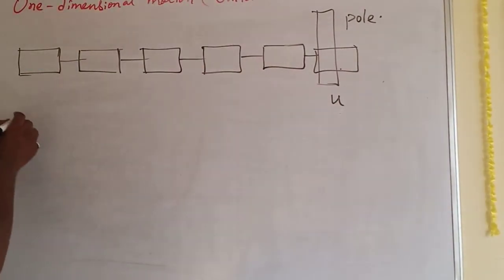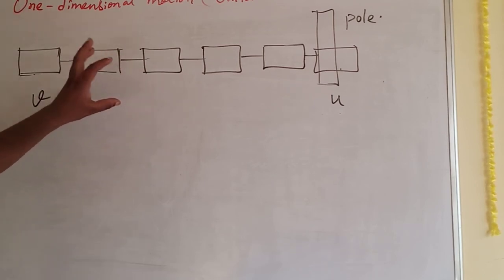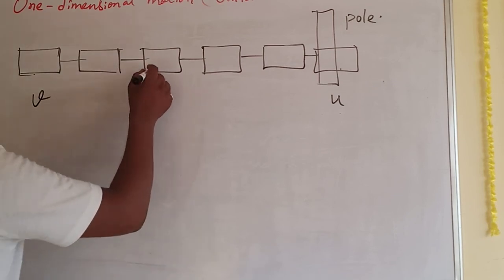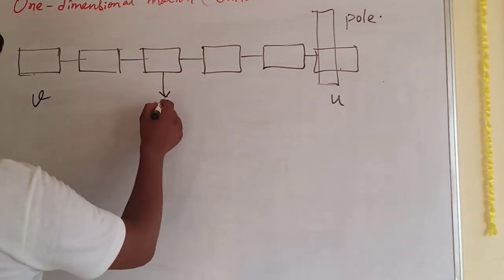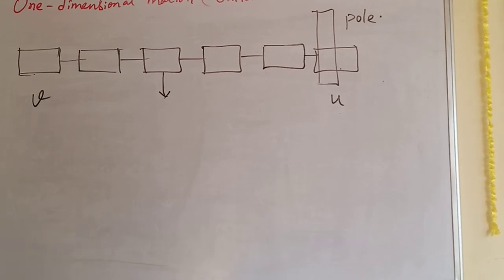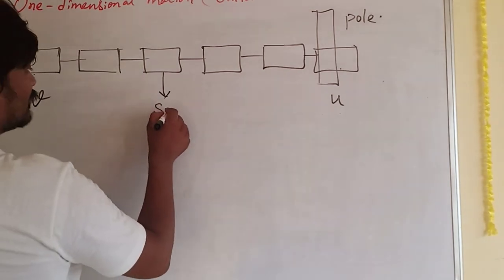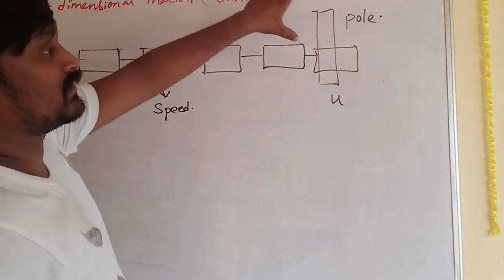The last one crossed that pole with speed v. Then what is the speed of the middle compartment past the pole? So this middle compartment speed we need to find, when the middle compartment passes the pole.